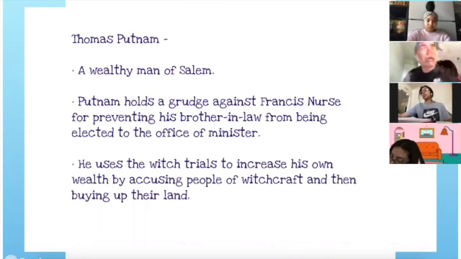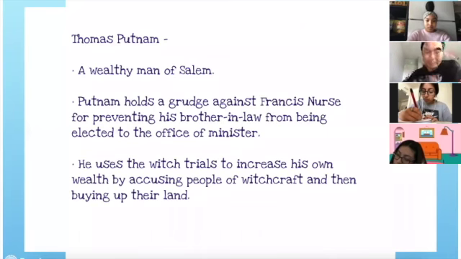It could have been food poisoning. It could have been the girls were pretending in the real life events. But people use that as a way to get revenge on people. And Thomas Putnam was one of those people that they accused. They think that he willingly used his daughter's sicknesses to attack people. He uses the trials to increase his own wealth.